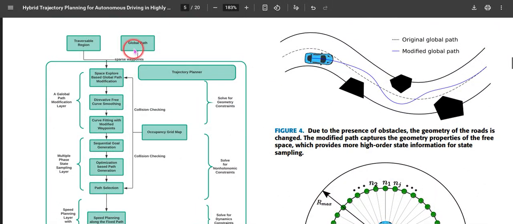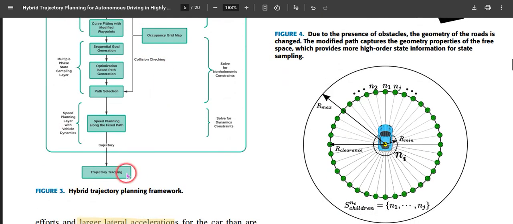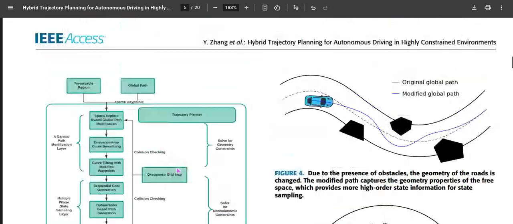Once the global path comes in, it is modified by the global path planning layer, and the multi-stage state sampling method is improvised. Again, the speed planning is improvised, and the collision checking is utilized based on the occupancy grid map. And finally, we get a trajectory for tracking.